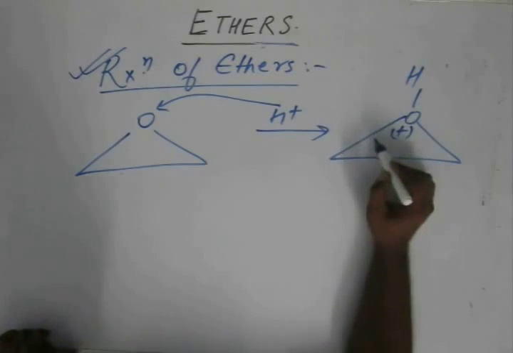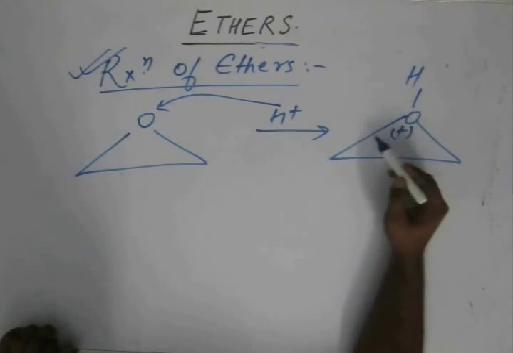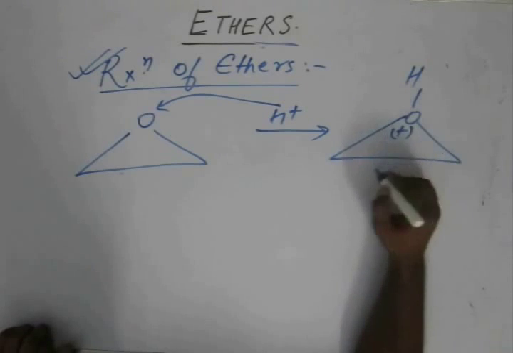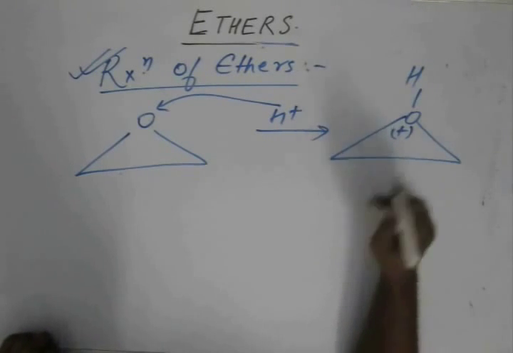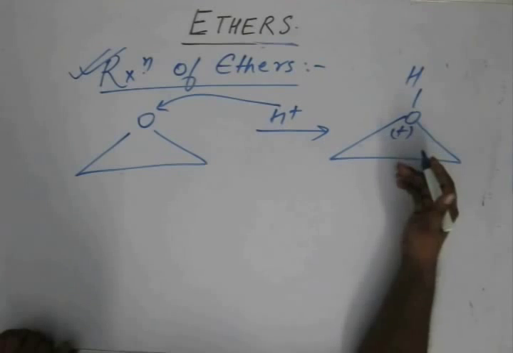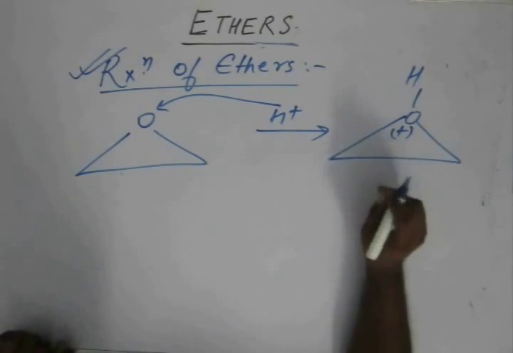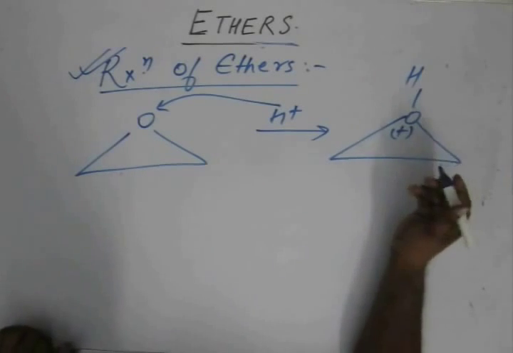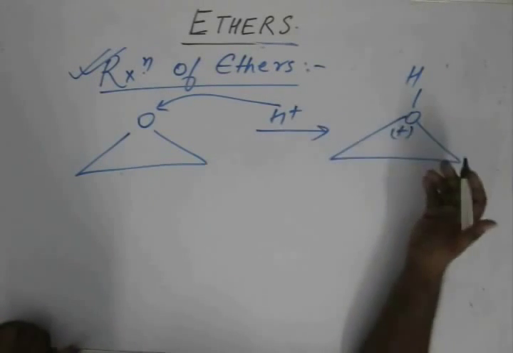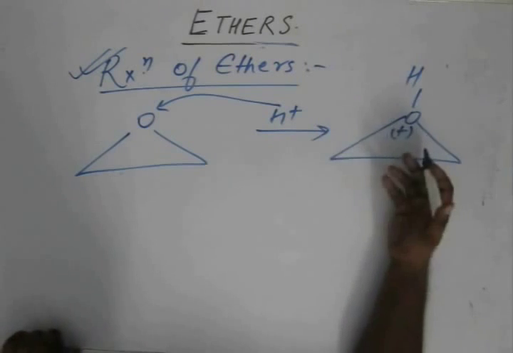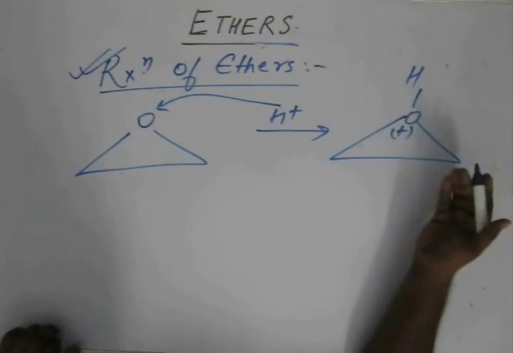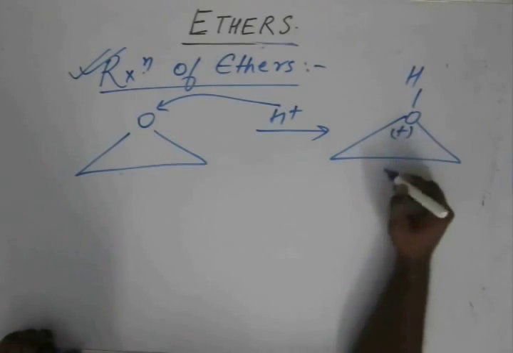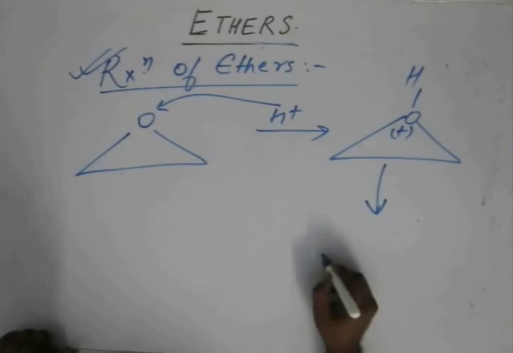Now the breakage of the bond, the heterolytic cleavage of the bond, depends upon the stability of the carbocation. That bond will be cleaved that leads to the formation of a more stable carbocation. This step is the most important and the only important step, maybe I can say, in this reaction. Everything else is very simple. Everything else is just the substitution nucleophilic part. Alright, so the formation of a stable carbocation is the most important part.